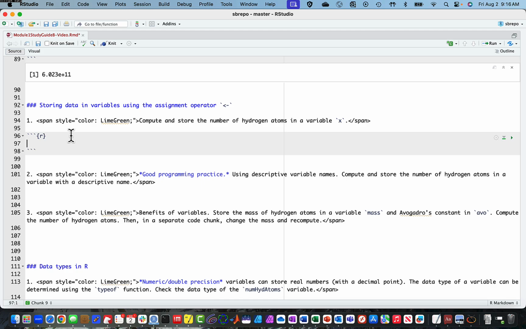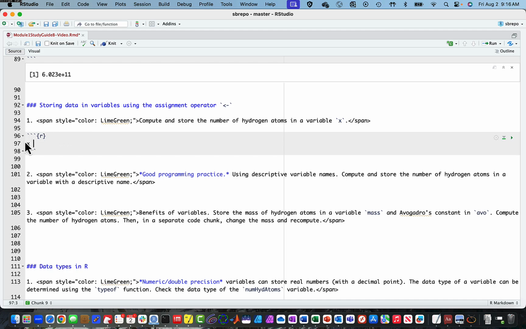So, for example, if you wanted to create a variable called X that stores the number of hydrogen atoms in a picogram of hydrogen gas that we computed above, we will use the assignment operator, which is the less than sign and hyphen.